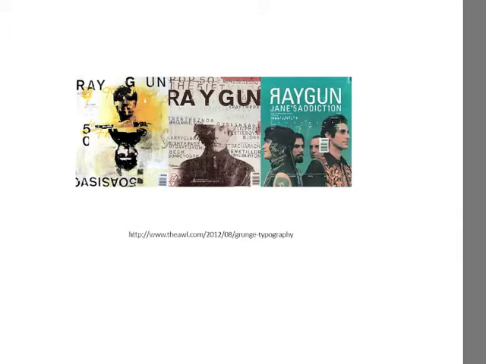A style called grunge or deconstruction became very popular. These are three examples of the Ray Gun magazine cover designed by a well-known designer named David Carson. And he took typography, and again, he threw rules out the window. He would slice up type, he would turn letters around, he would obliterate parts of words.